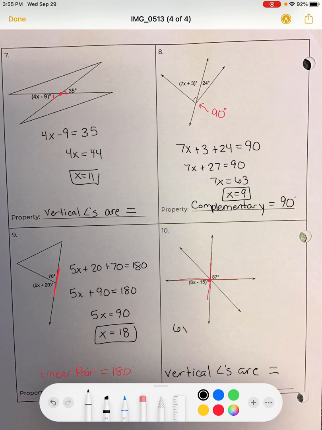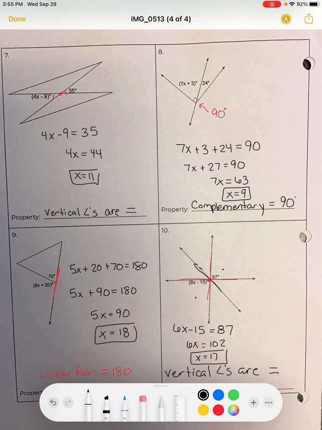So I'm going to set 6x minus 15 equal to 87. Again, it's when you can take a picture and fold it over itself. If you folded this picture in half over this line, you would get these two angles on top of each other. So that's why they're equal. Let's add 15 to the other side and get 102. Then we'll divide by 6 and we get 17.